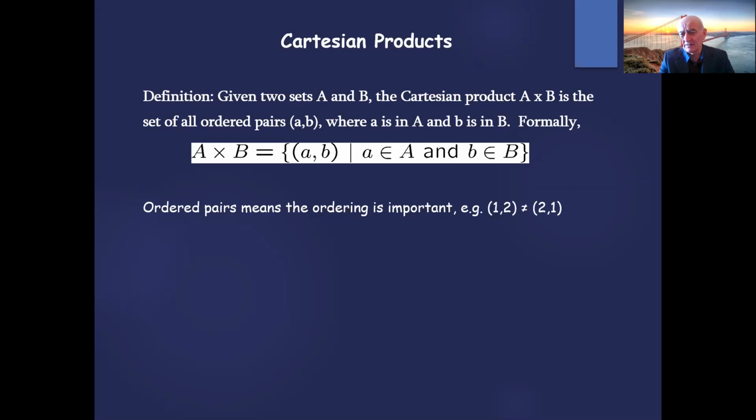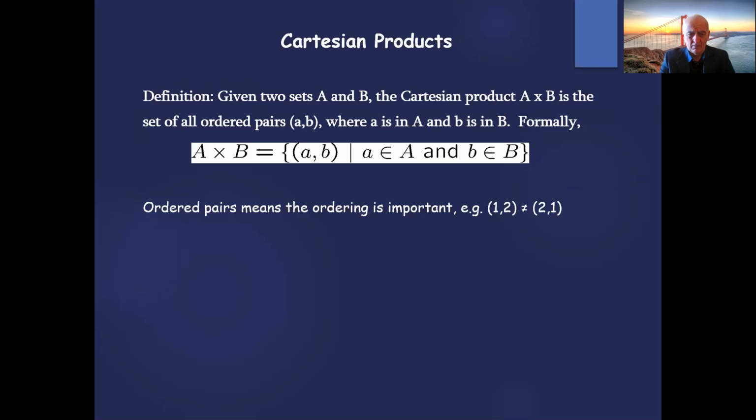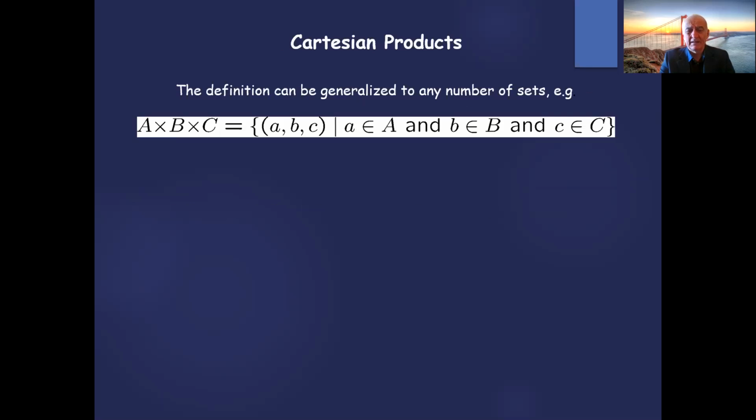Ordered pairs means that the pair (1, 2) is not equal to (2, 1). Okay. This is very similar when we have 3 sets. And this is the definition of the Cartesian product for 3 sets.